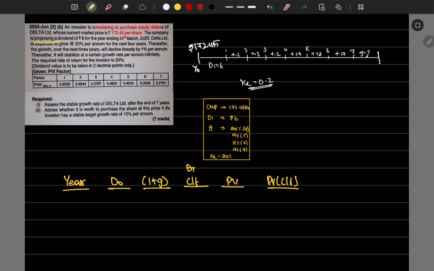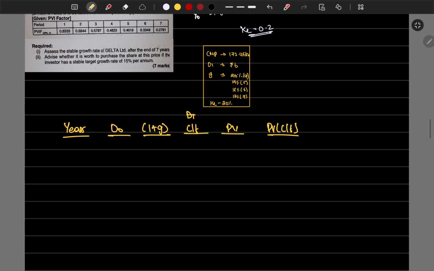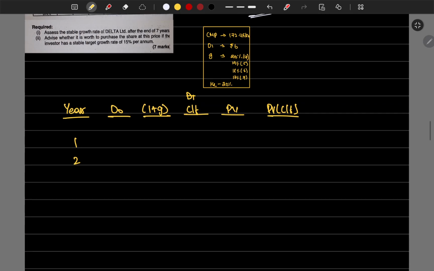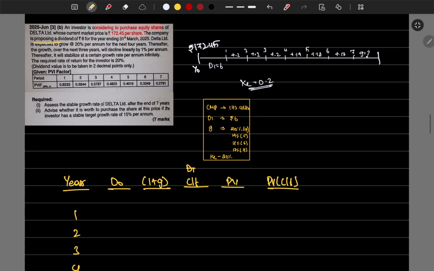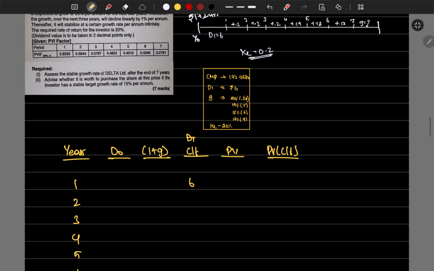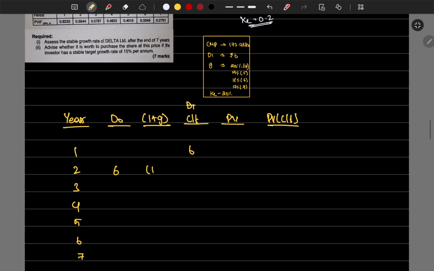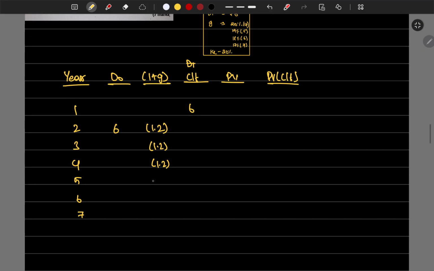Here the years are 1 to 7: 1, 2, 3, 4, 5, 6, 7. The D1 value they have already given, which is 6. Put that 6 here. What's the G? G for the first 4 years is 20%, so 1.2, 1.2. Post that, 1% is declining every year: 1.19, 1.18, 1.17.